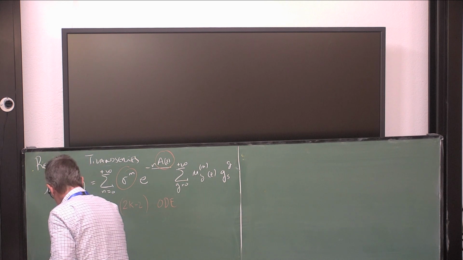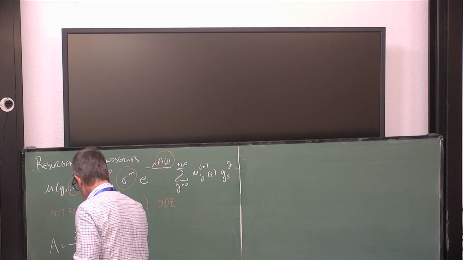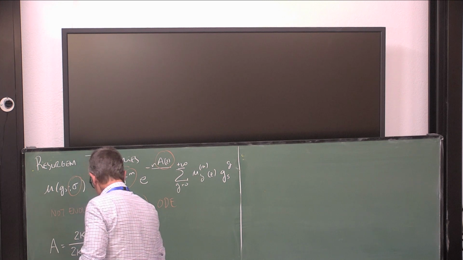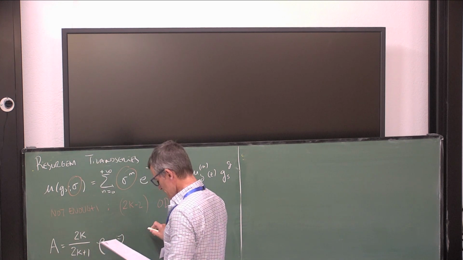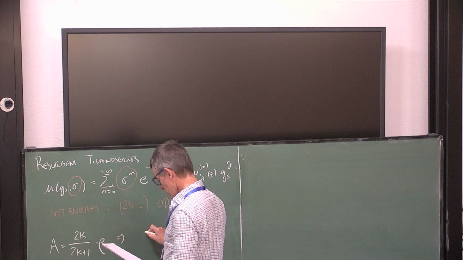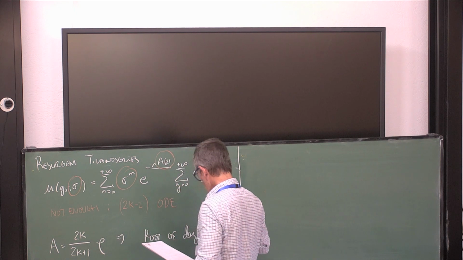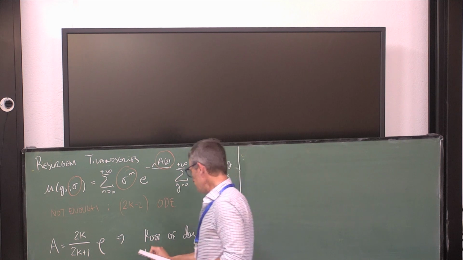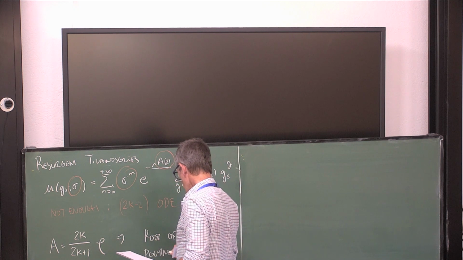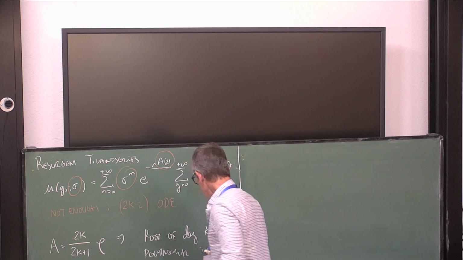Okay, well, I can write the formula. If I normalize it in this way, then this is given by rho, which is the root of a degree k minus 1 polynomial in rho squared.